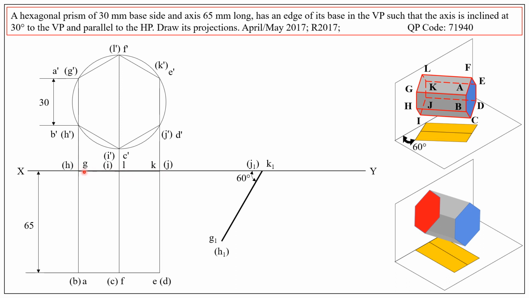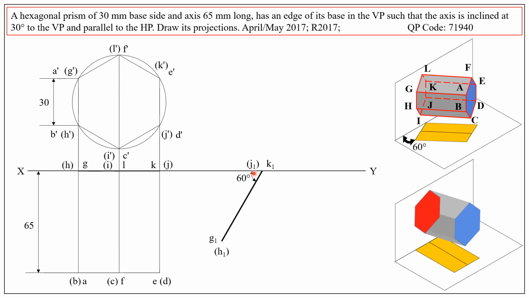Why are we using K1, J1, H1, G1? Suffix 1 is used to distinguish between the required top view and the assumed top view. So this is the assumed top view, this is the required top view.